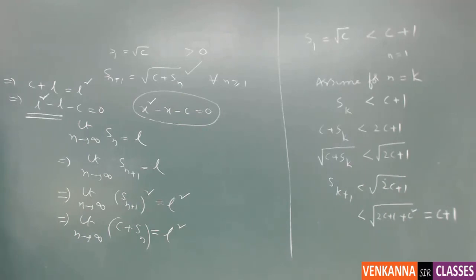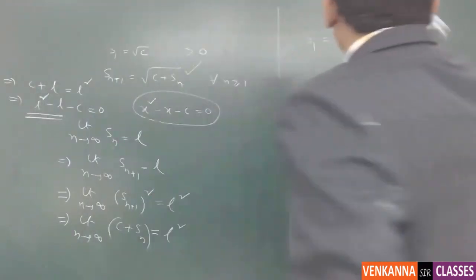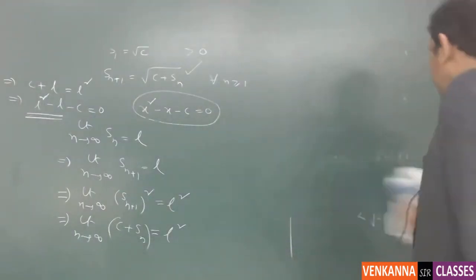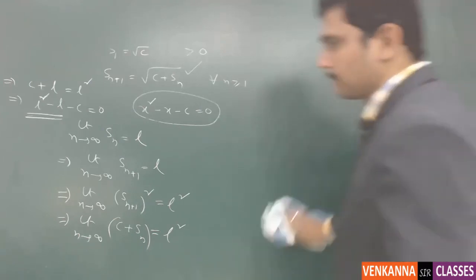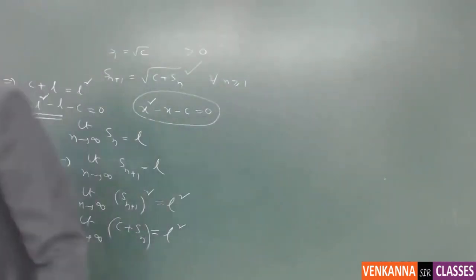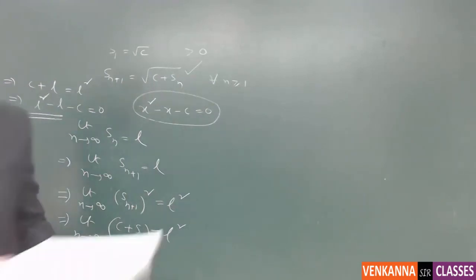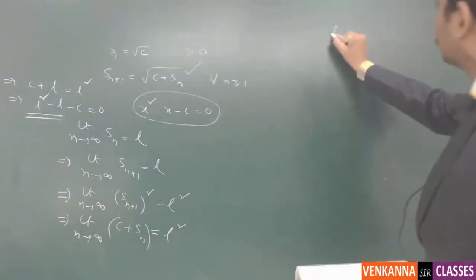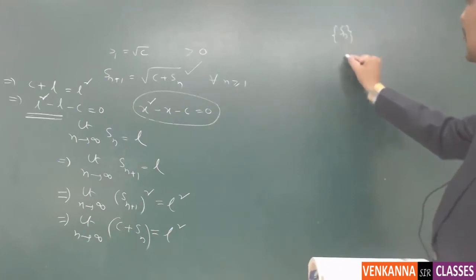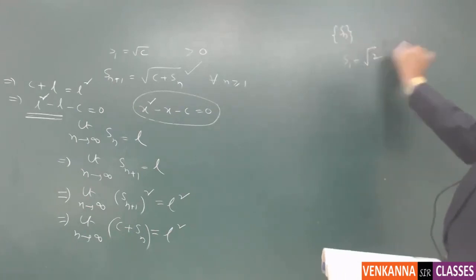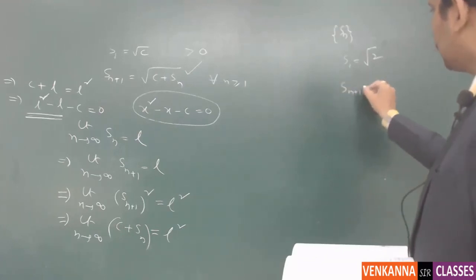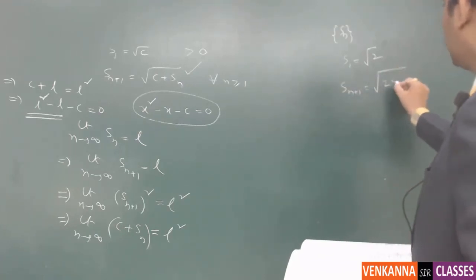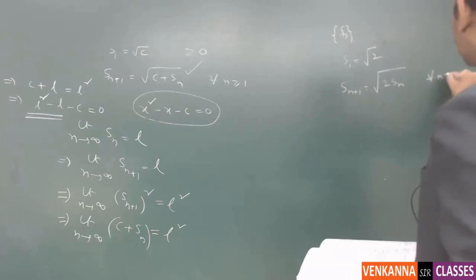Right. So just take one problem here. I am giving it as an assignment: the sequence Sn is defined by S1 is equal to root 2, Sn plus 1 is equal to root of 2 into Sn for all n greater than or equal to 1.